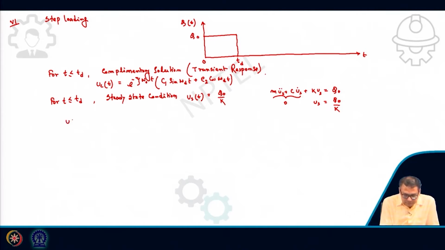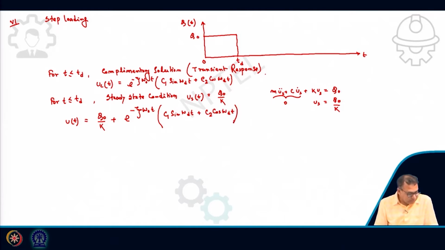So the final response for the loaded region I can write as Q0 by K plus e to the power minus damping ratio omega 0 t into C1 sin omega d t plus C2 cos omega d t.